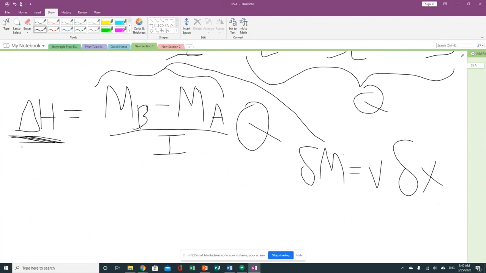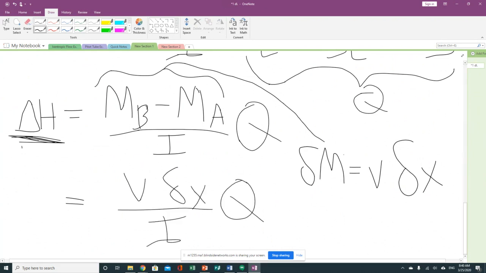I just multiplied dM/dx equals V by dx. That's all I did. So I can rewrite this as V dx over I times Q equal to plus u dh. All right.